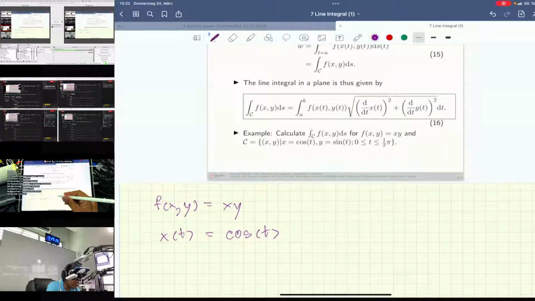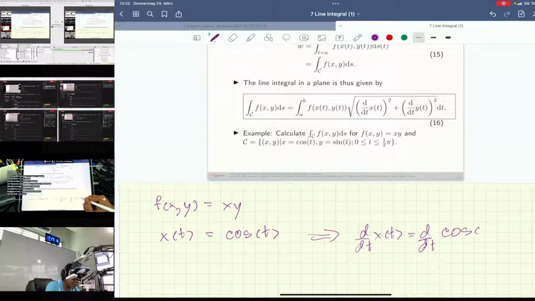It means that d by dt of x(t) will be d by dt of cosine t, and here we have negative sine t as the outcome. So we get this term already.